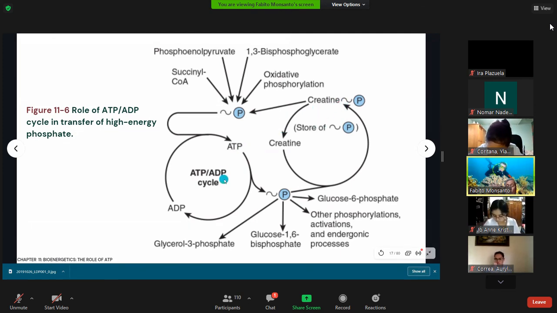To regenerate that ADP, that phosphate from creatine is added to ADP to become ATP again. And these are your sources of high energy phosphate bonds, oxidative phosphorylations. Okay?